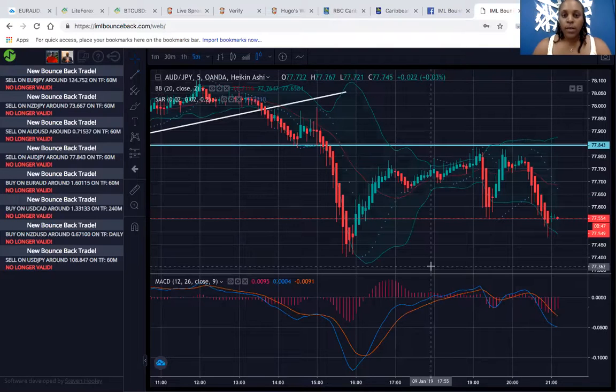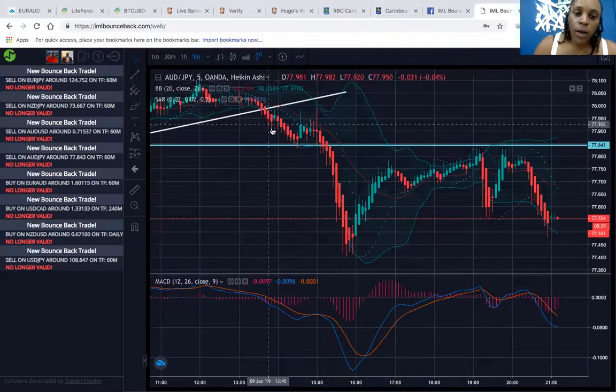If you wanted to get your accurate entry, once you've drawn up your trend line on the trade, you could come down to the 5-minute time frame, right? And wait for price to retest, right?